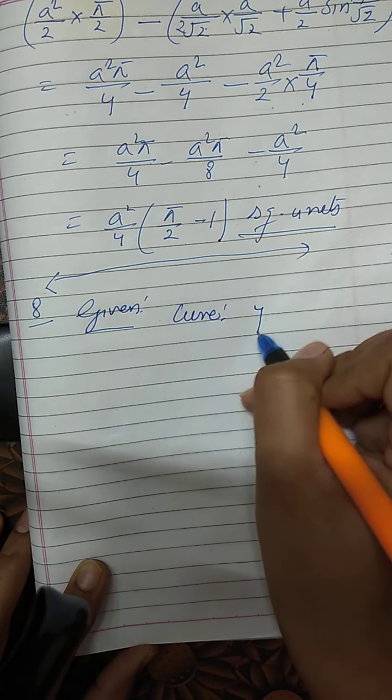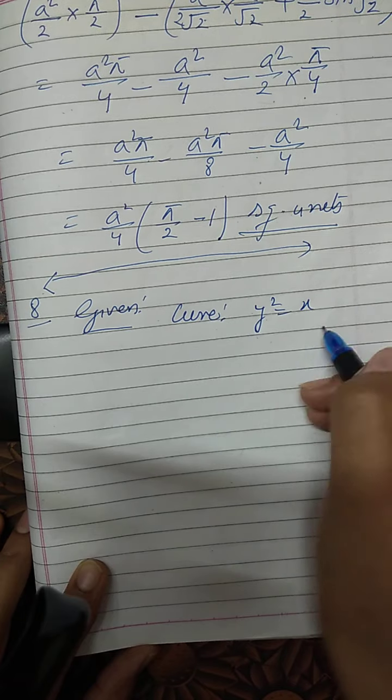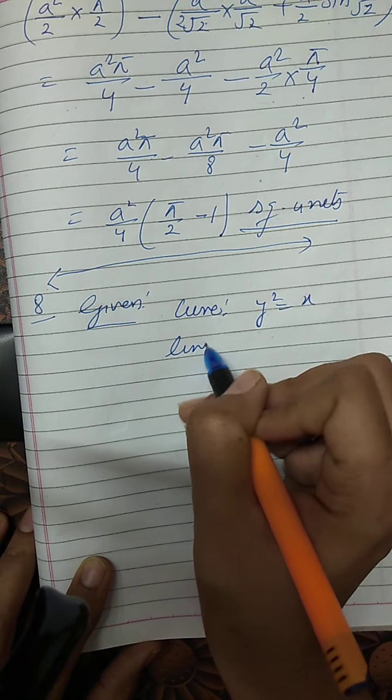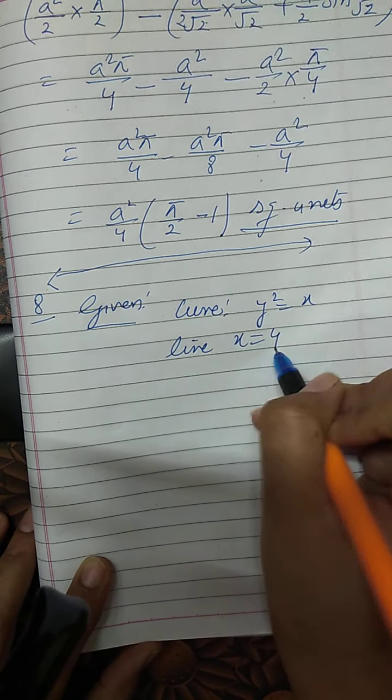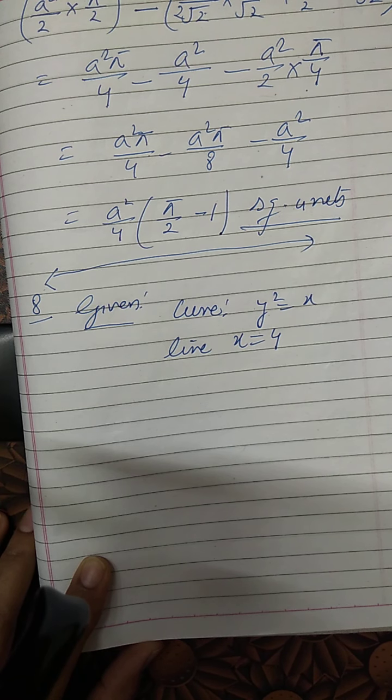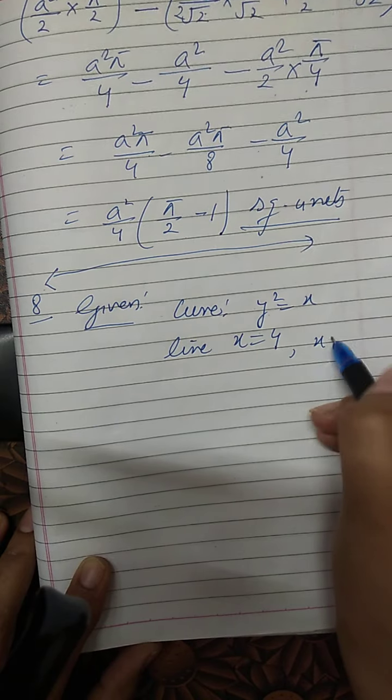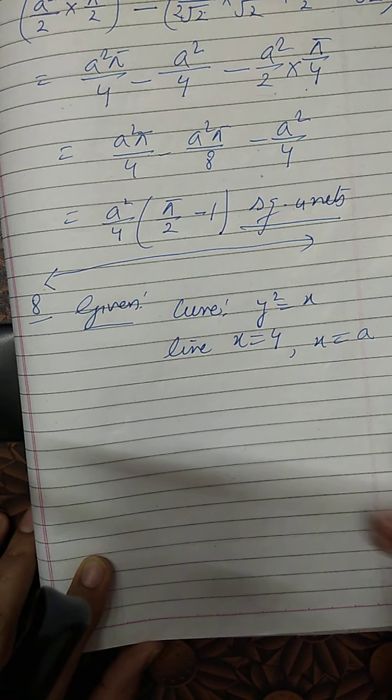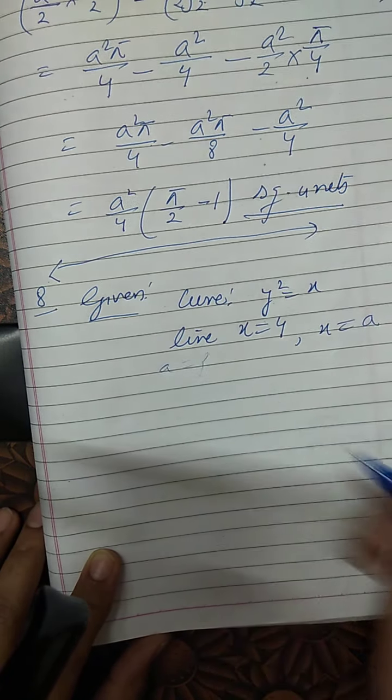The curve is given y square equals x, so it is a right-handed parabola. The line is given x equals 4, and the area is divided into two equal parts by the line x equals a. One line x equals a is also there. We have to find the value of a.